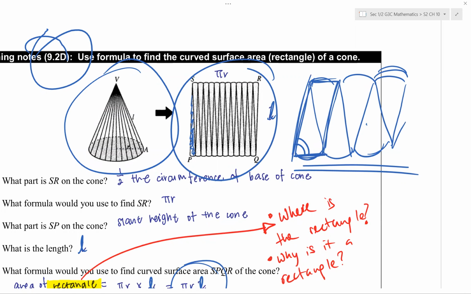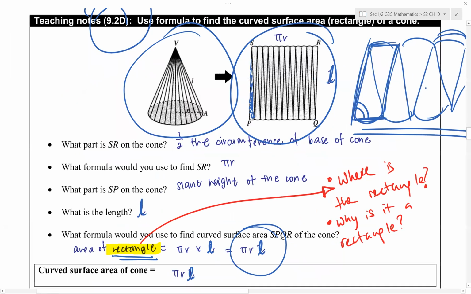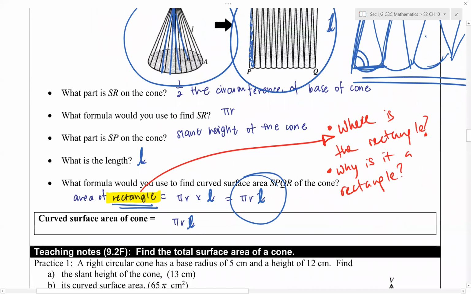So this word rectangle over here, area of rectangle, is describing the case where I cut this so many times such that it eventually becomes a rectangle. Sorry, okay, back. Okay, so that is how the formula was derived.